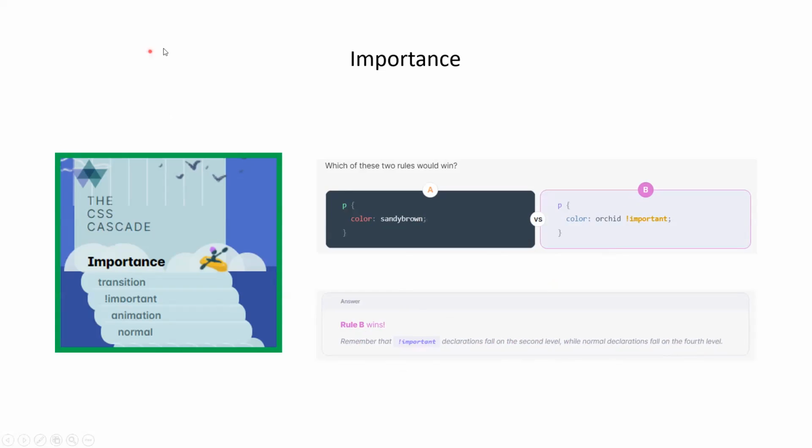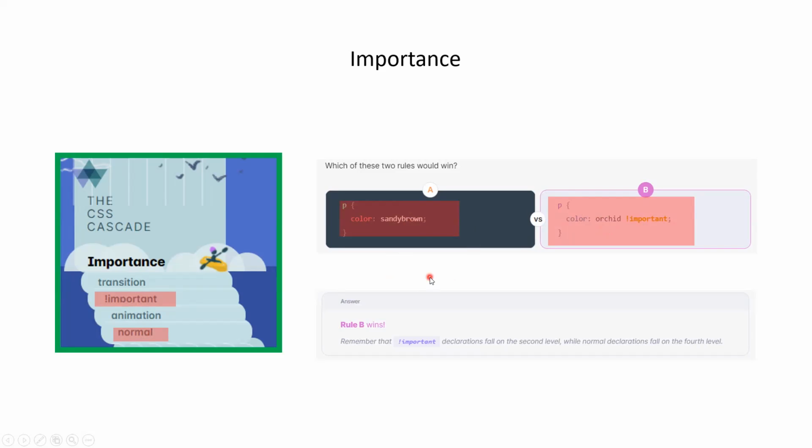So option A is a normal declaration, while option B is an important declaration. Since important has more hierarchy than normal, that rule of important will be displayed.